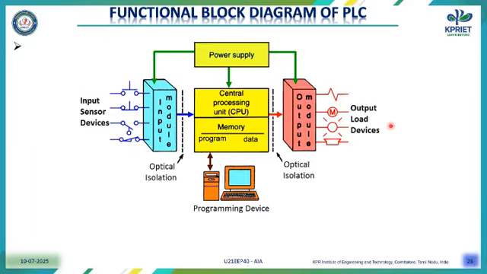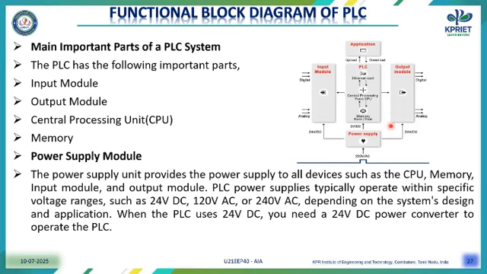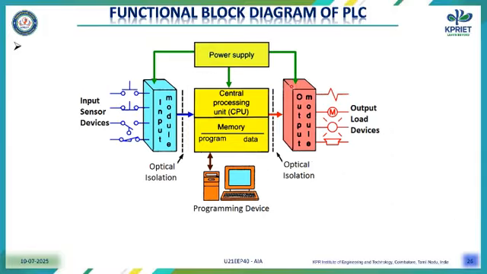These are the main parts we have already seen. The input module is used to connect various types of input devices. The output module is required to connect various output devices.